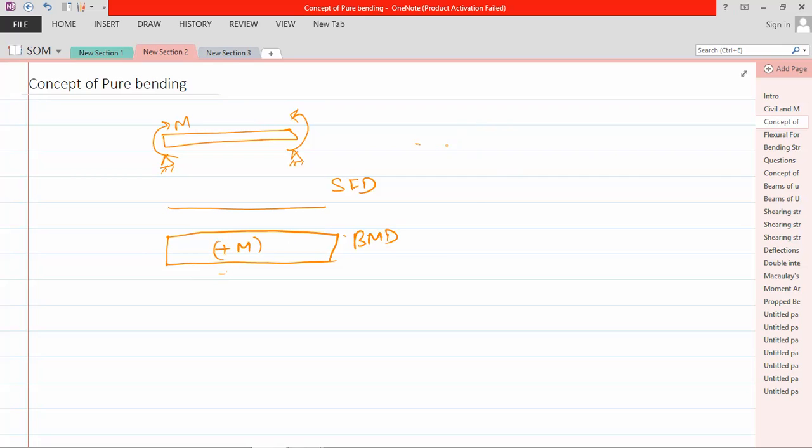Now suppose I take another case, R1, R2. Suppose this is 2 kilonewton, this is 2 kilonewton, and this is 2, 2, 2 meter length. Now, what is the reaction force? You can see by symmetry, R1 equals R2 equals 2 kilonewton.